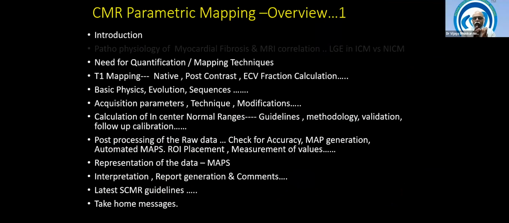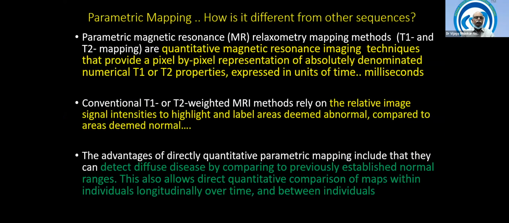Post-processing, how to avoid artifacts, how to check for artifacts, presentation of data, SCMR guidelines, interpretation, report generation, and so on. I'll try to be as fast as possible, but skip unnecessary data. So the mapping is mainly T1 mapping, T2 mapping, and T2 star mapping. T1 mapping comprises T1 native, T1 post contrast, and extracellular volume fraction calculation.